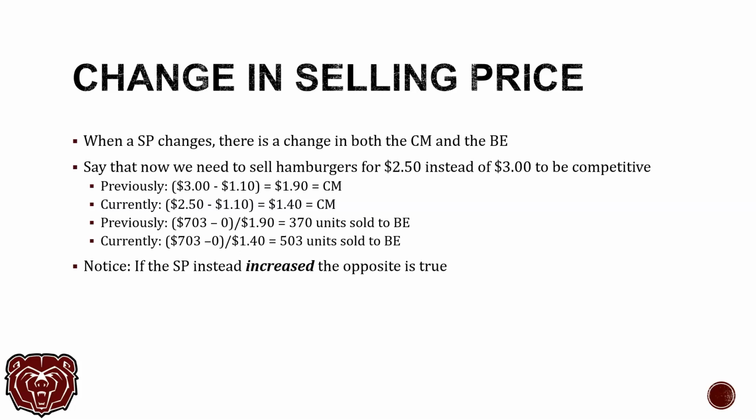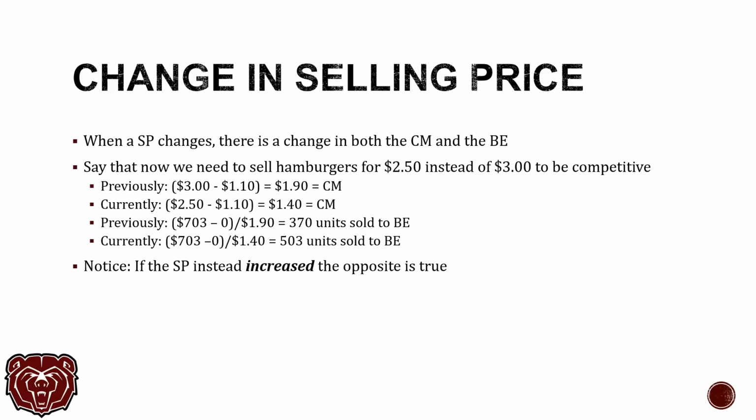So if we have a change in selling price, when the selling price changes, we have a change in both the contribution margin and the break-even point. So let's say now that we need to sell hamburgers for $2.50 instead of $3 a piece to be competitive. For some reason, a competitor has opened up a stall right down the corridor from us, and now we've got to sell for $2.50 instead of $3 just so that we still are competitive.